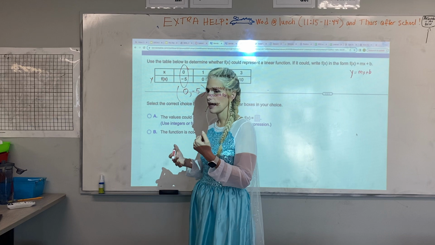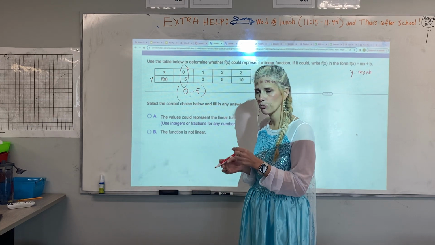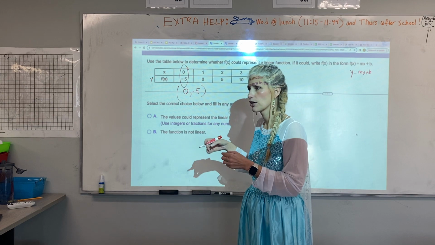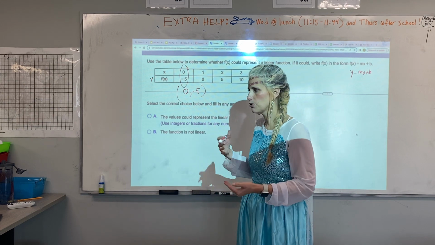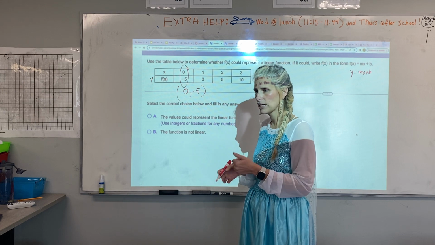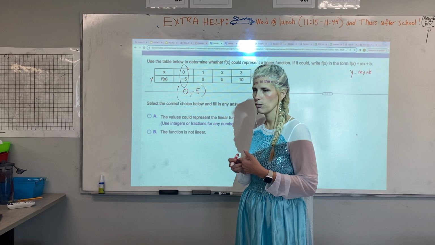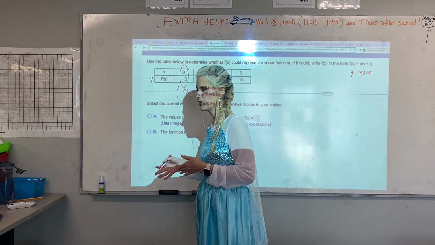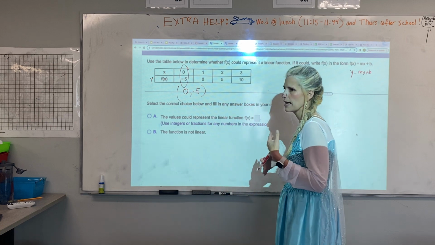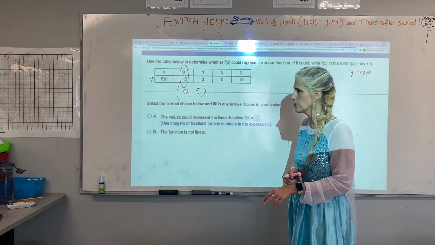On Friday, we talked about the girl that made bracelets, and every time she made a bracelet, it cost her $15 extra to make the next bracelet. It wasn't getting doubled or tripled or anything like that. It would cost $15 more. So that's a model of what really happens when we have a function.